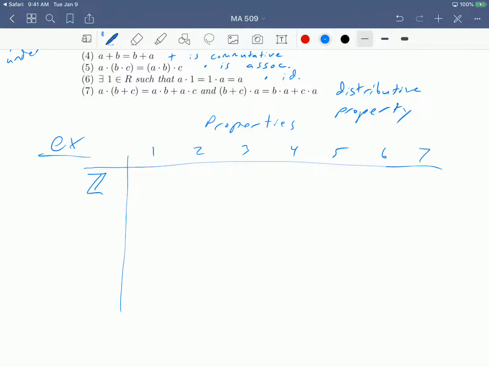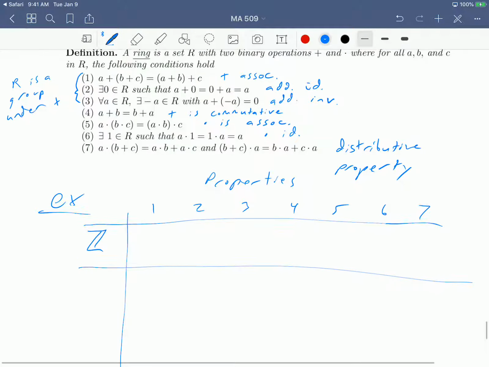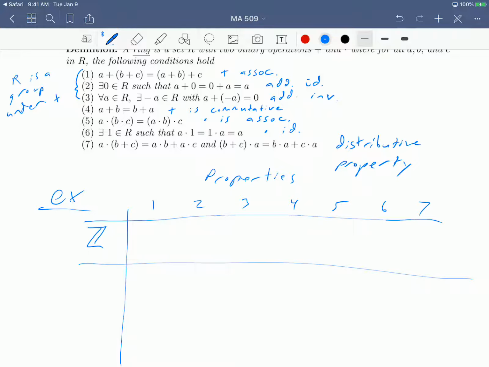So we're just going to talk through these a piece at a time. So addition, for sure we had under the integers that addition was associative, so that was great. 0 is an integer. Every integer, like 17, has an inverse, like negative 17, an additive inverse.